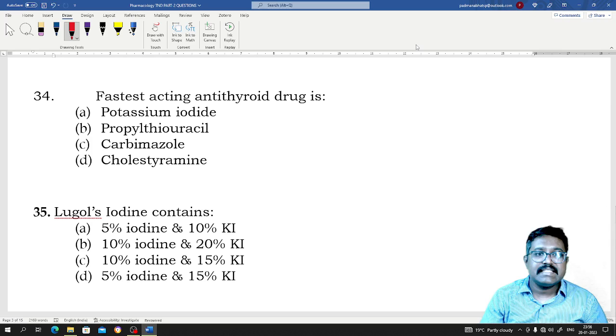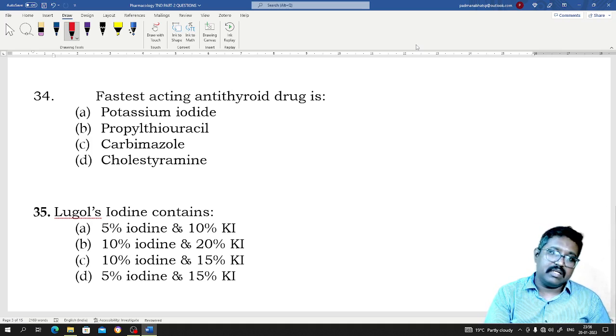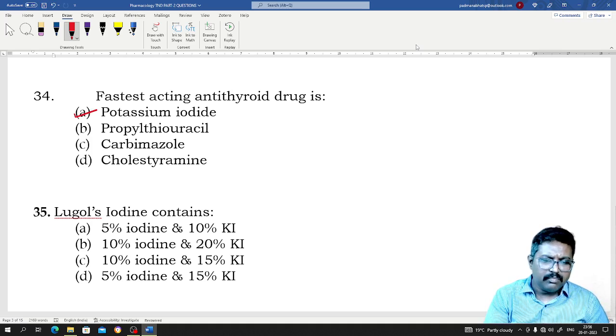So which is the fastest antithyroid drug among these options? So please remember, the fastest acting antithyroid drug is your potassium iodide. Potassium iodide, it is also called as thyroid constipating agent.